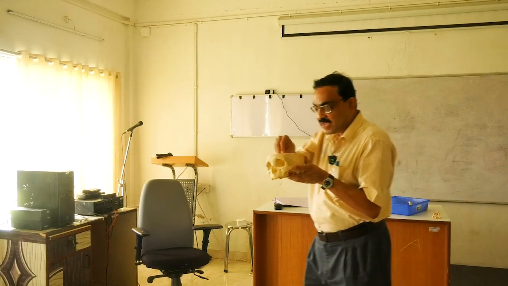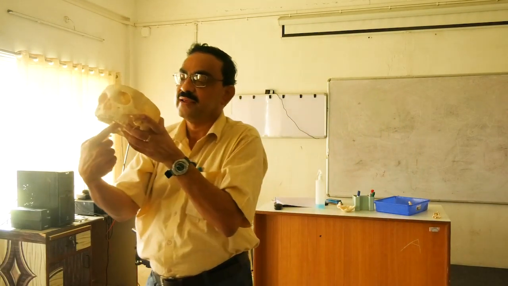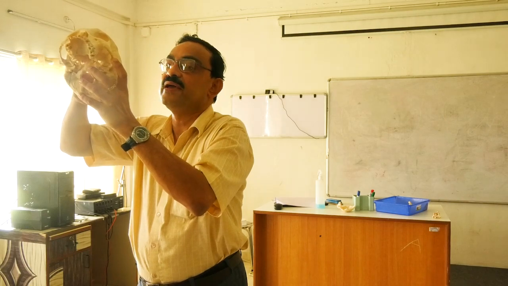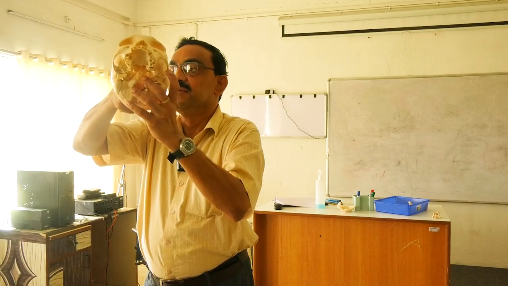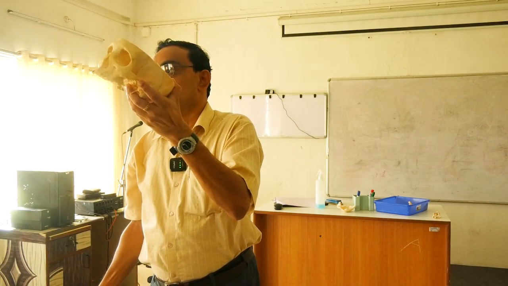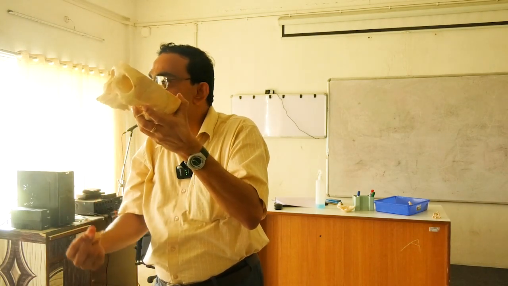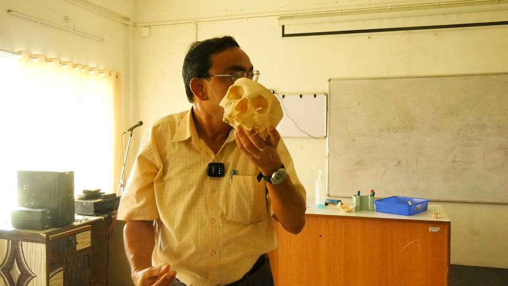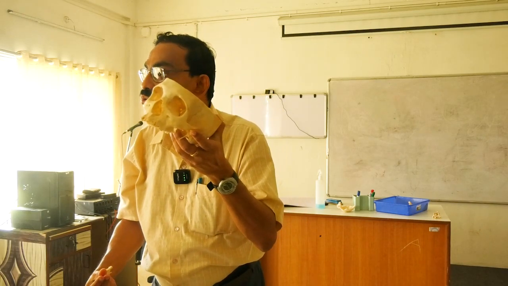Through this area we can see one opening, the jugular foramen, and it comes out.